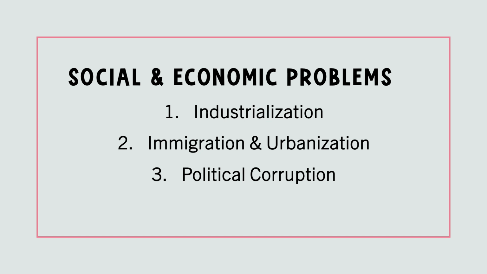Secondary to that was the effect that immigration had on society. As jobs were plentiful, immigrants came from many countries in search of a new life. But the United States was not prepared with the necessary supports and infrastructure. Lastly, political corruption abounded in this time period as politicians attempted to take advantage of every opportunity to seize more power and money for themselves.